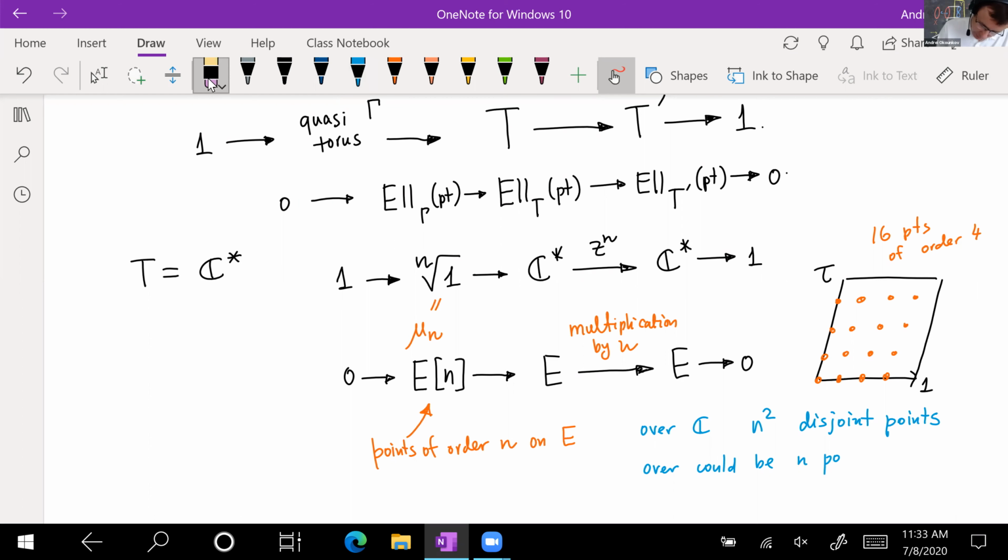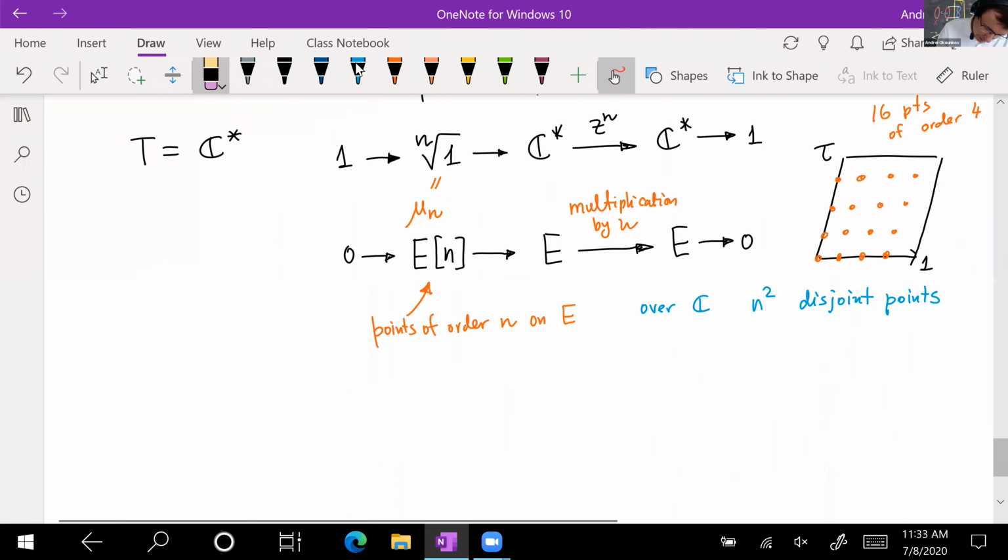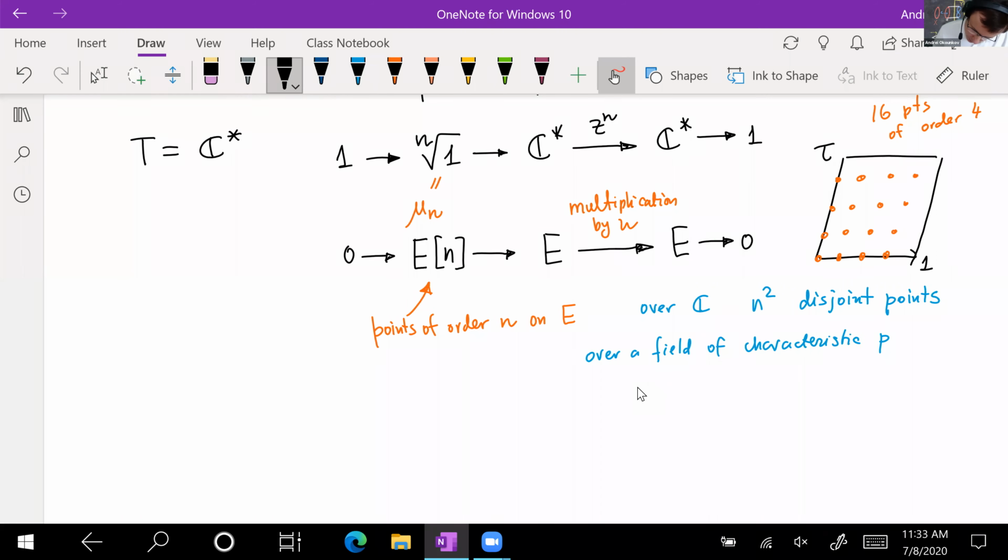So maybe over a field of characteristic p it could be p points of fatness p.